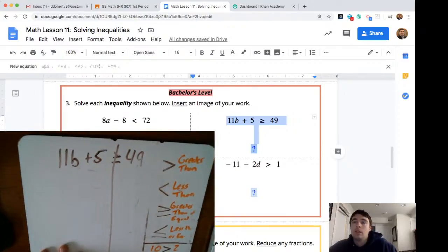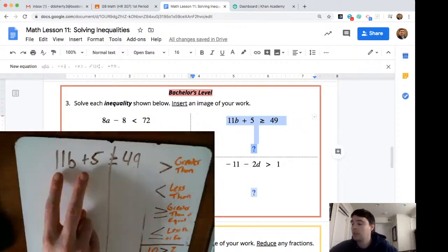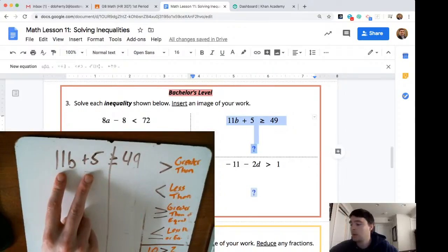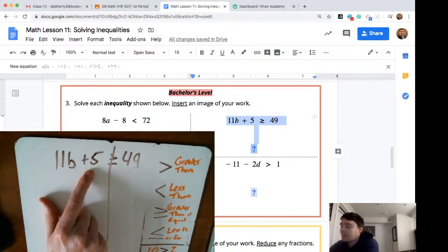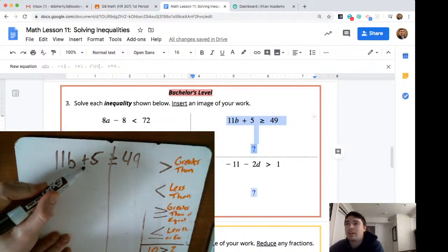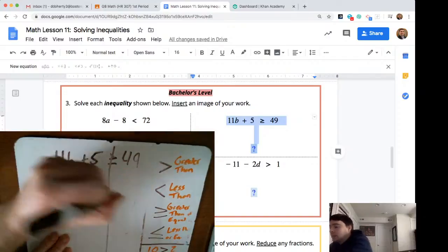Alright, and so 11b plus 5 is greater than or equal to 49. We notice the b is on the left side of this inequality, so I'm going to try to get b isolated or all by itself on the left side of this inequality. First thing I need to get rid of, or the first layer I'll peel, as Mr. Neville would say, is this plus 5. I don't want that over there. So I'm going to use a negative 5, the inverse operation, to cancel out that positive 5.